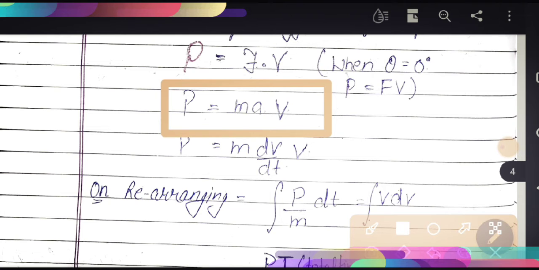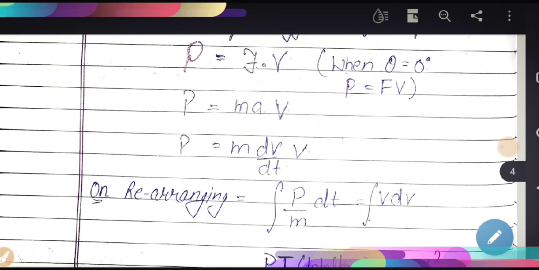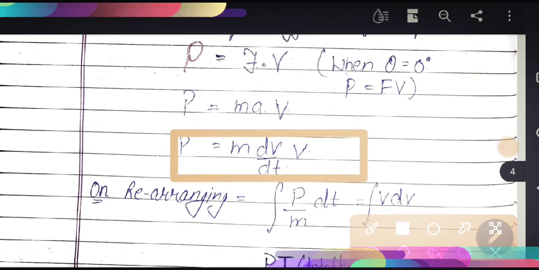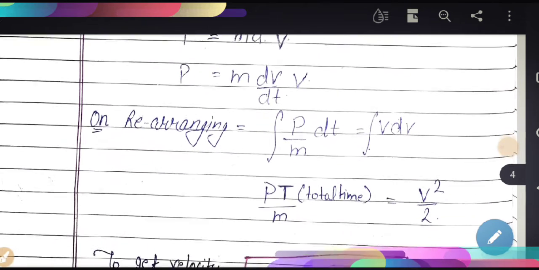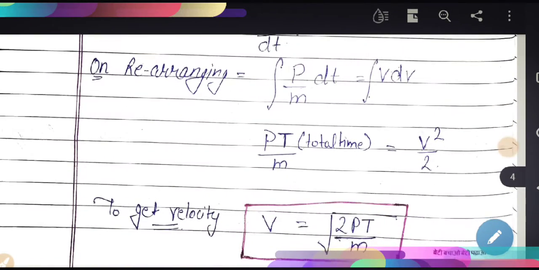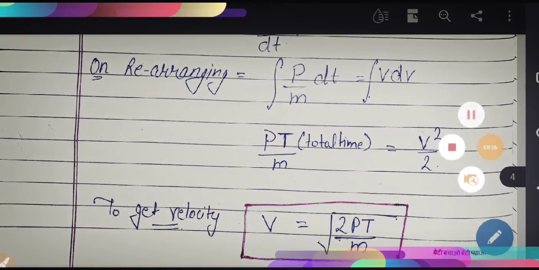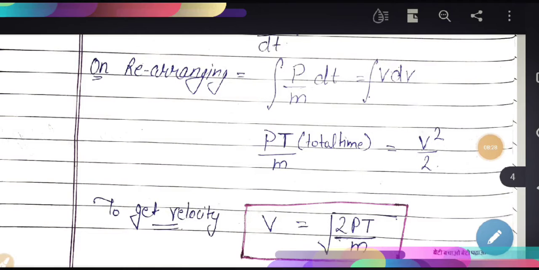Again, if we put acceleration equal to dv upon dt, we can write it as P is equal to m dv upon dt into v. On rearranging, we can make this equation as P by m dt is equal to v dv, and we can integrate on both sides.